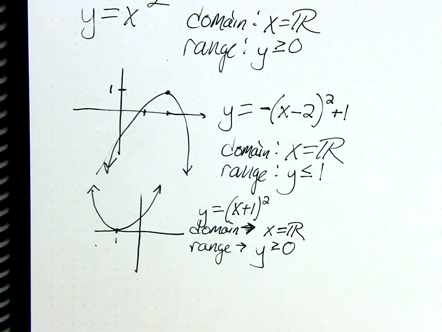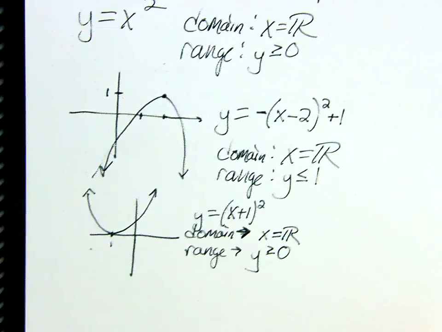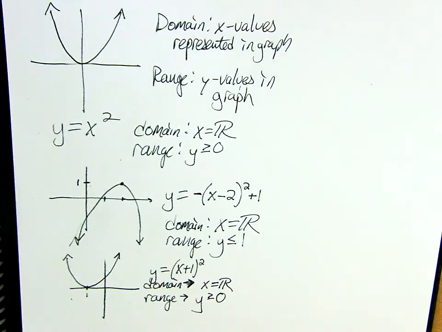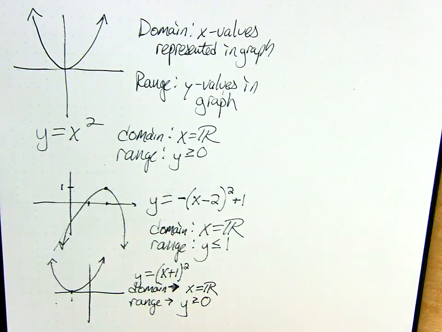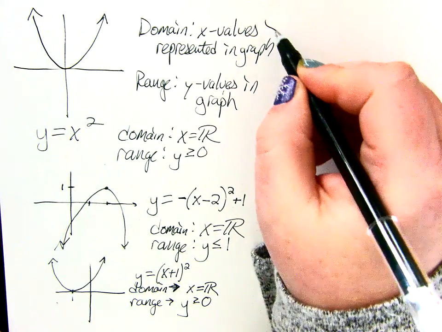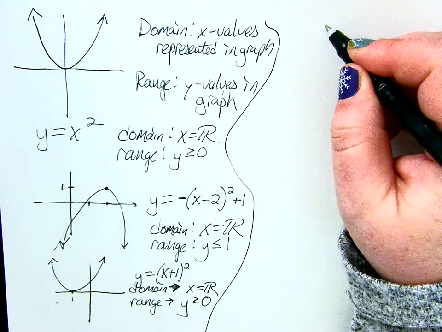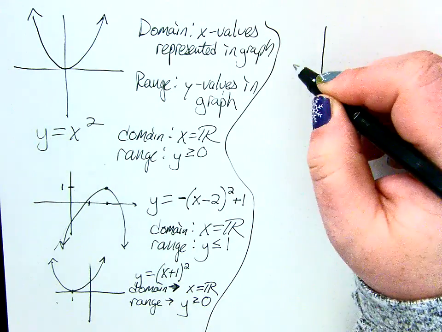Okay. So let's try some square root ones now, because they are different. Let's see if I can get everything on the screen at the same time. Okay, let's just look at the parent function for a square root.